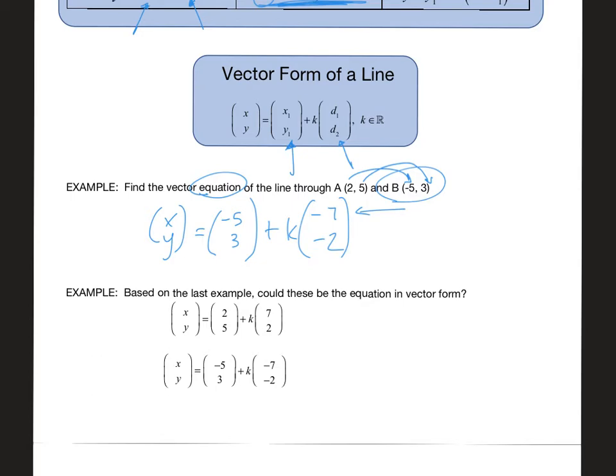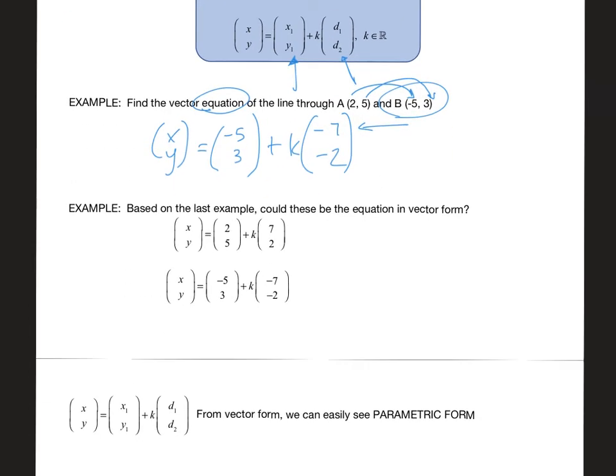Now if you take a look down here, based on the last example, could these two things be this? Look at that, this one actually is the exact same answer. But what if those negatives weren't there? What if I covered them up? Is that still equivalent? It is.